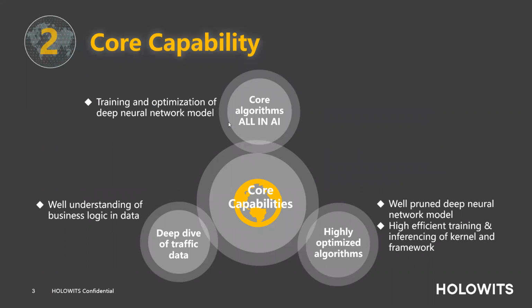We have the training and optimization of the deep neural network model, also understanding of the basic logic in data, and a well-prepared deep neural network model, with highly efficient training and inference of the kernel or the framework. So these are our core capabilities.